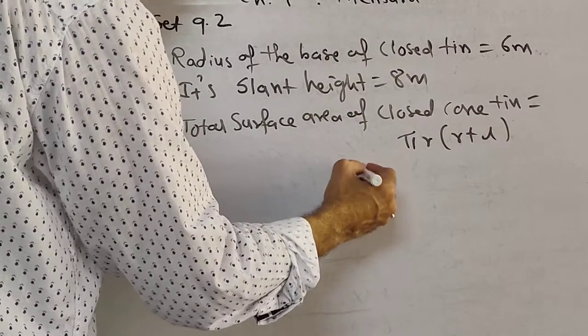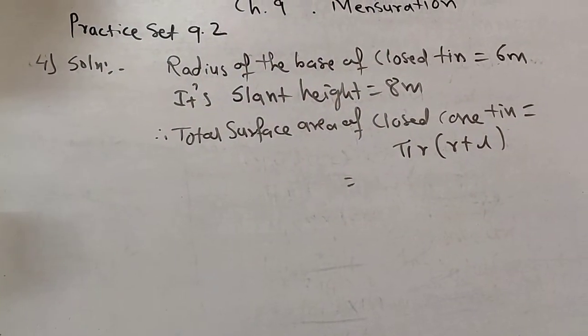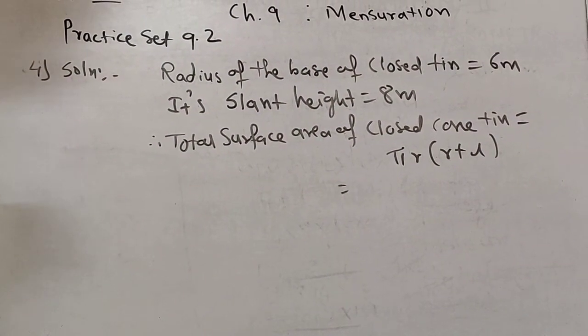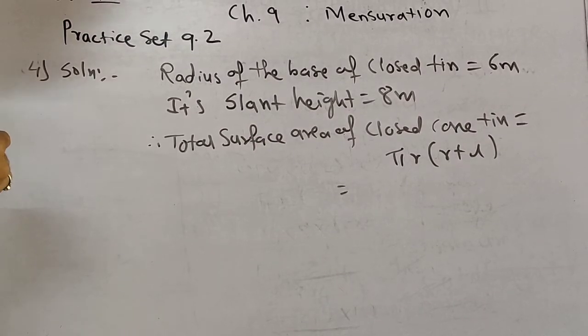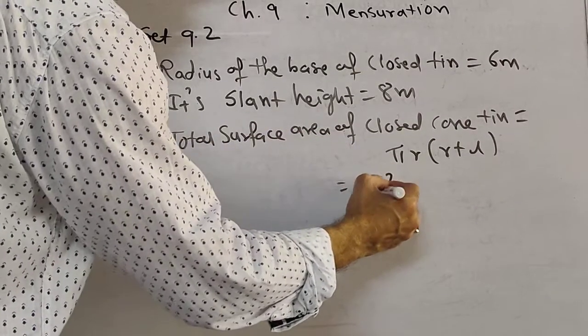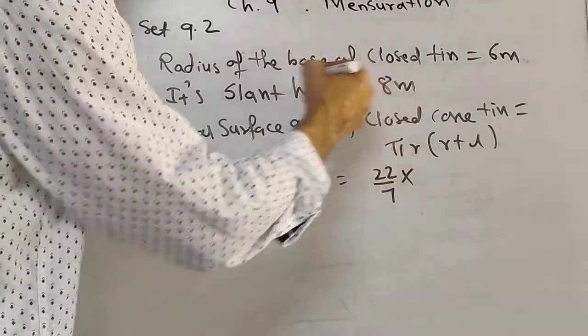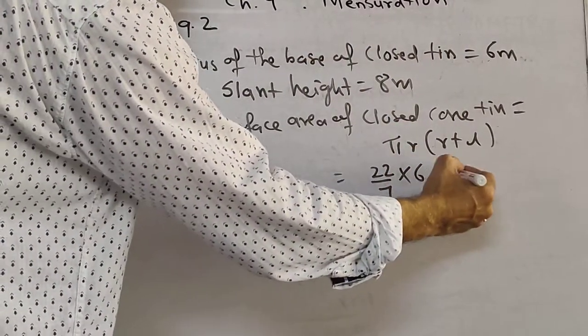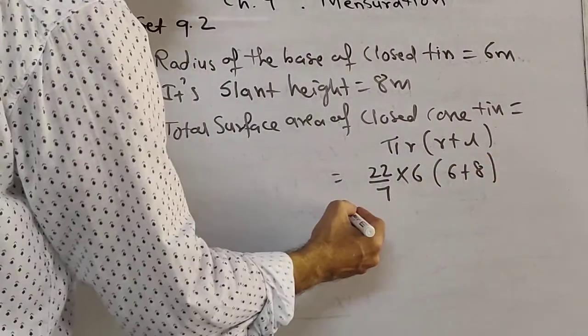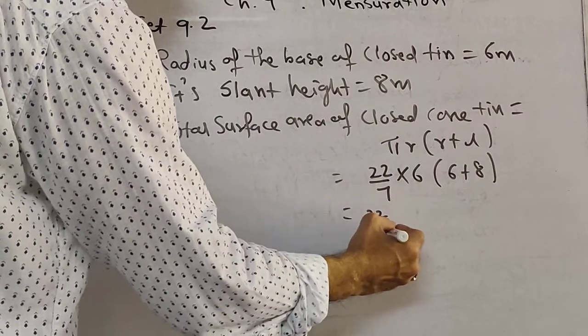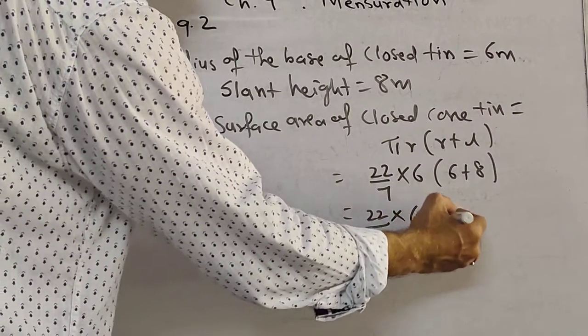Total surface area formula you know. So here pi value is not given, we will use 22 upon 7. R is 6, 6 plus 8, okay, 22 upon 7 into 6 into 14.